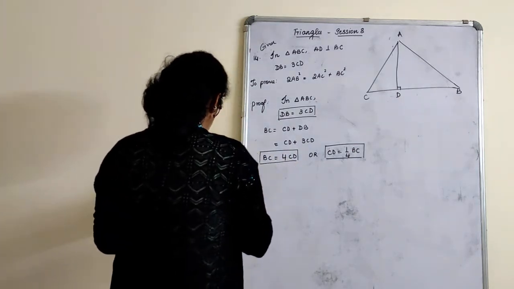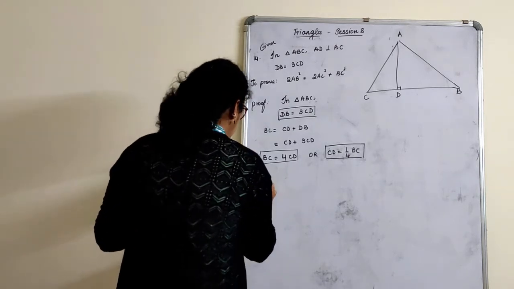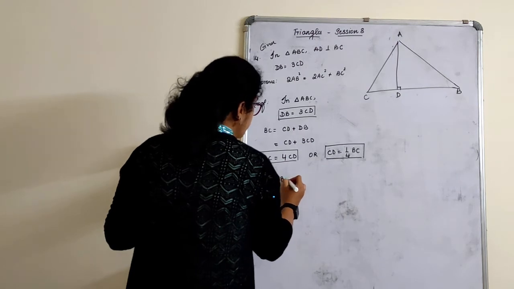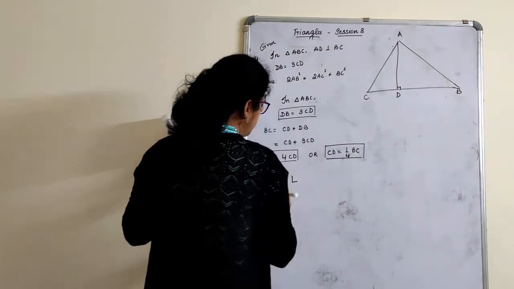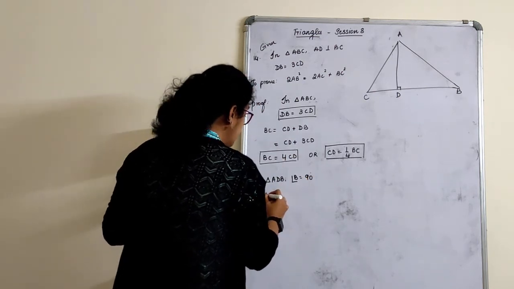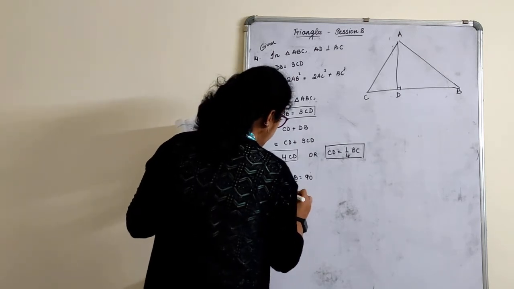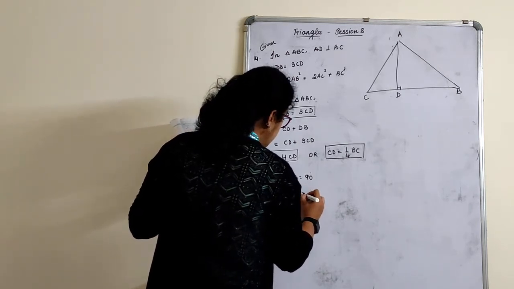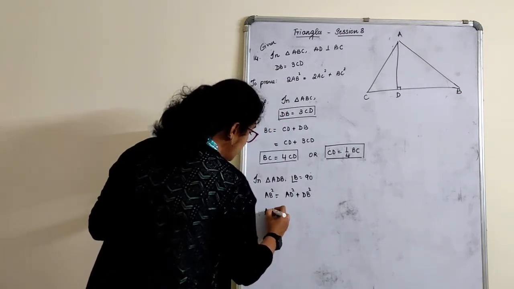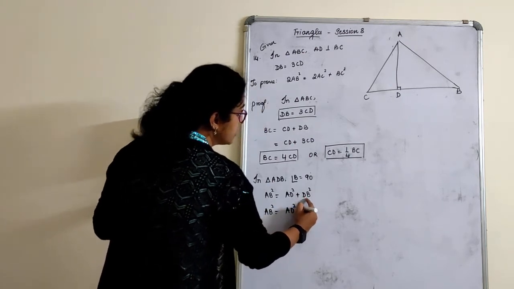Now let's quickly start with the triangle where we can apply Pythagoras theorem. In triangle ADB, the bigger triangle I have chosen, angle B is equal to 90 degree. So AB square is equal to AD square plus DB square. AD square as it is, no changes. What is DB?